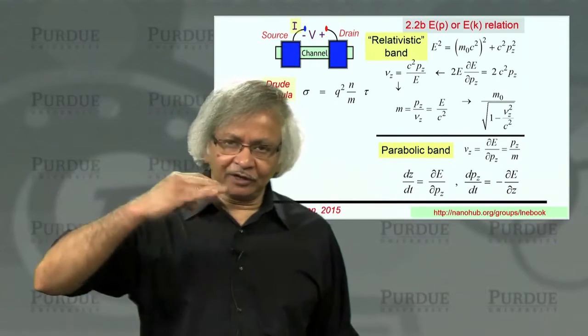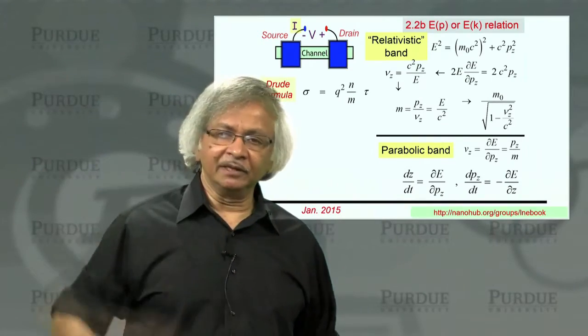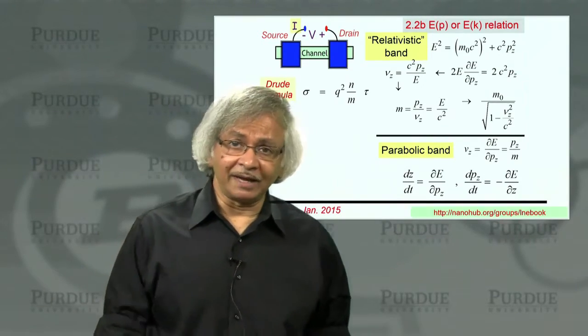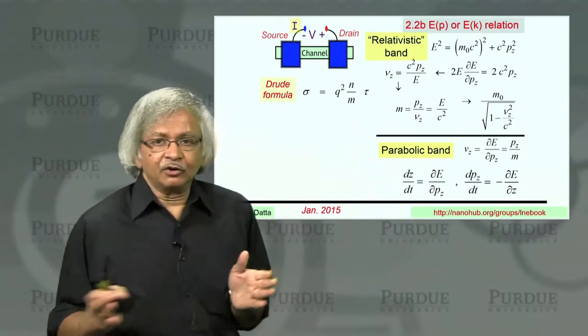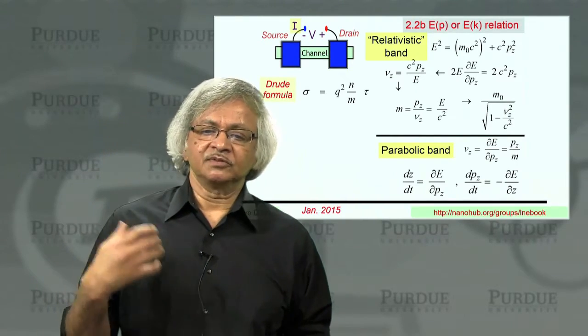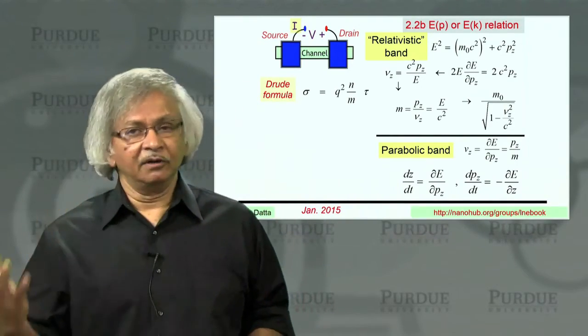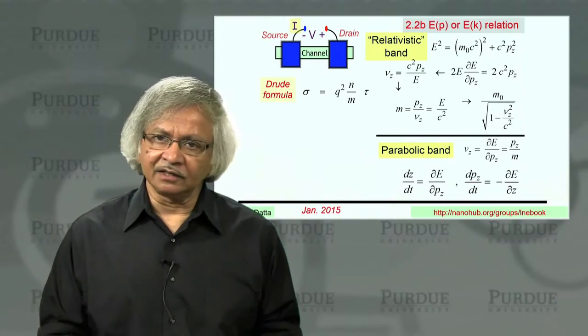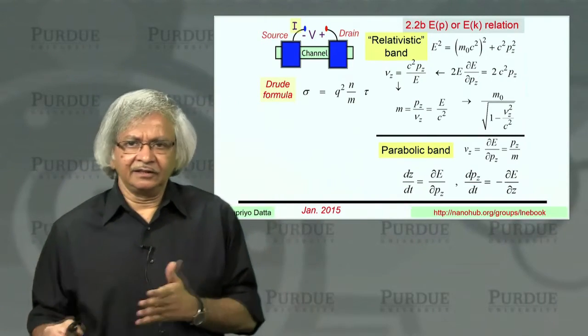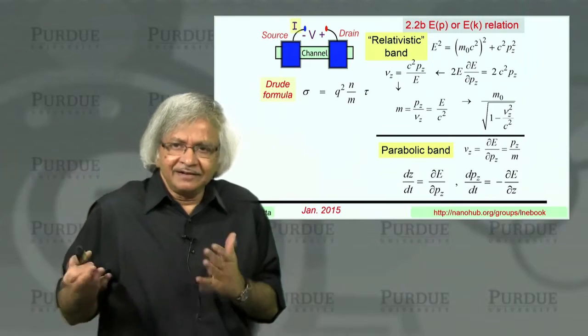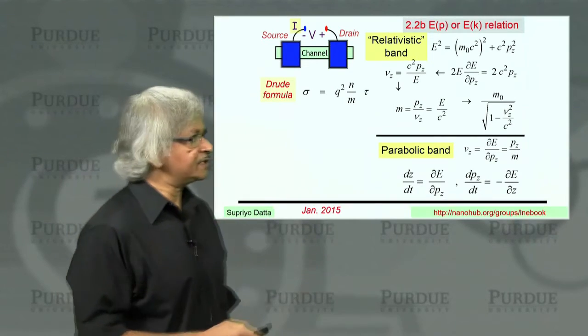So if your chemical potential happened to be higher up in the band, you might need to use a different mass, etc. On the other hand, in the way we are doing it in terms of density of states or number of modes or this ballistic conductance, the mass does not directly appear. It only appears indirectly through the density of states. Okay.